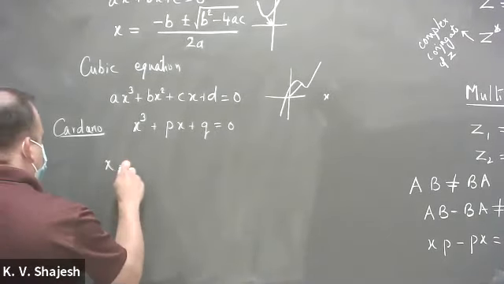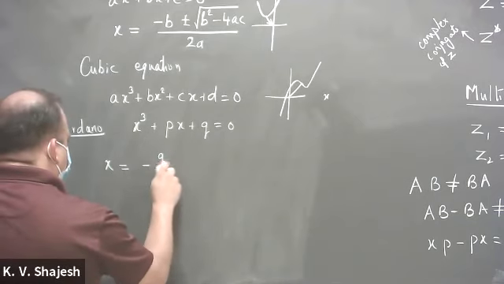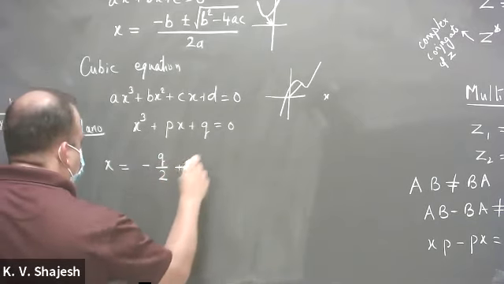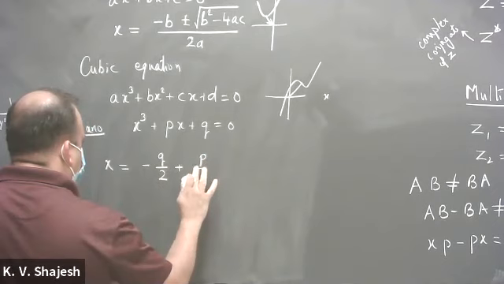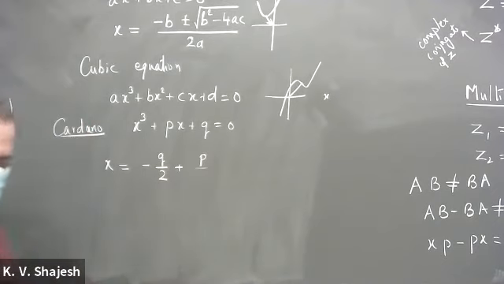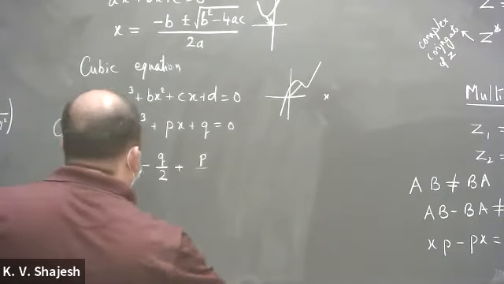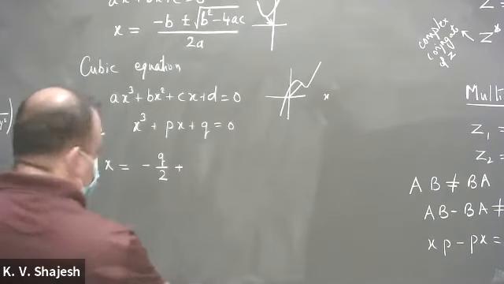And it is given as minus q over 2 plus p over 2, is p squared over 4, q squared over 4. Is it p or q?